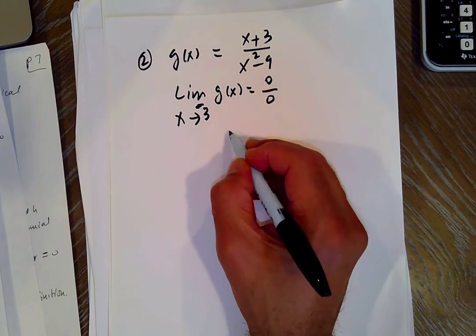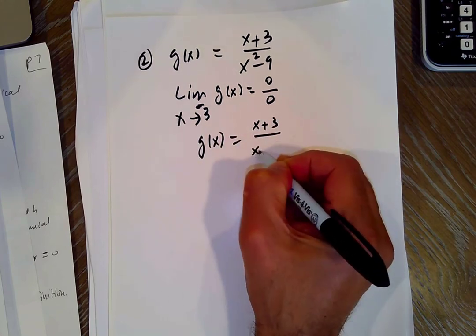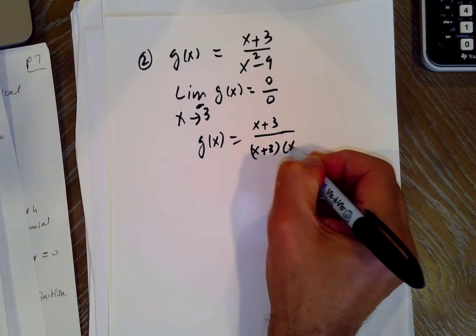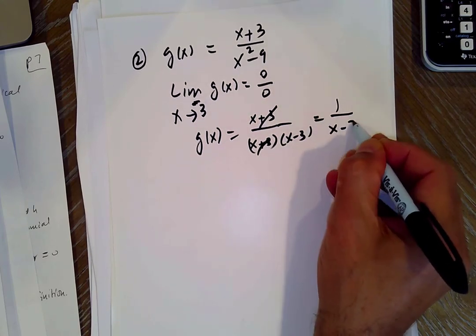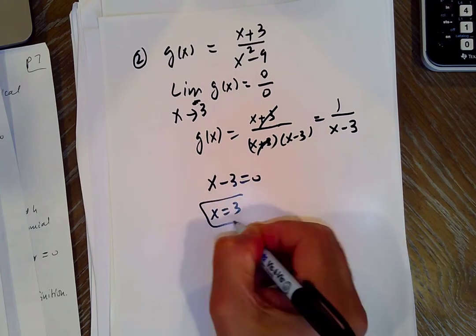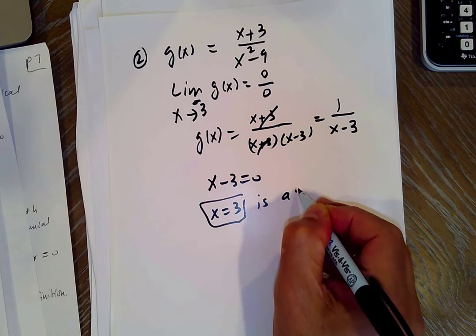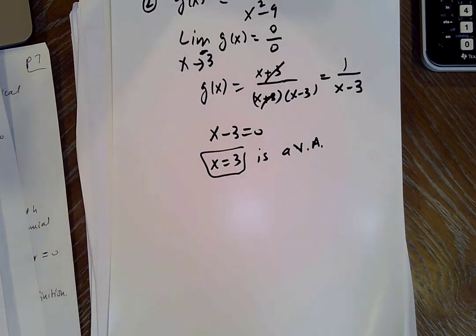If you reduce it, what do you get? G of x equals x plus 3 over x plus 3, x minus 3, which is 1 over x minus 3. If you set the bottom equals 0, x equals 3 is a vertical asymptote. And if you graph it, you will see that the graph breaks down at x equals 3.